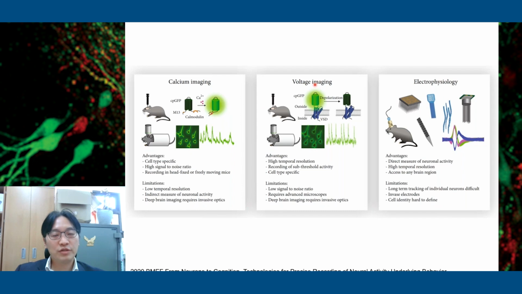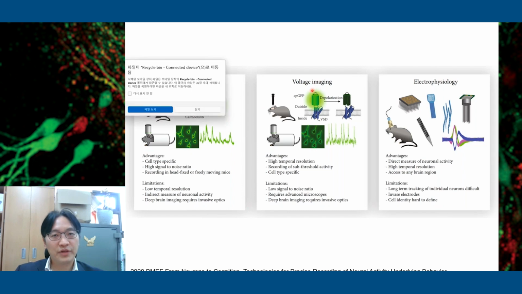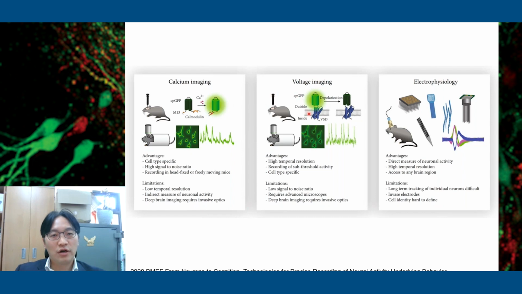But the voltage imaging, in theory, is better because it directly records the electrical activity by the voltage membrane potential, but it has lower signal to noise ratio. So I believe somewhere soon people will invent a better voltage indicator with a higher signal to noise ratio. But for now, I think calcium imaging is better.